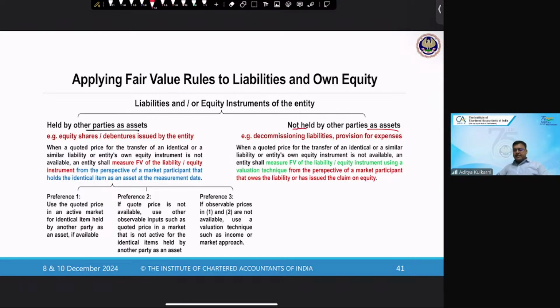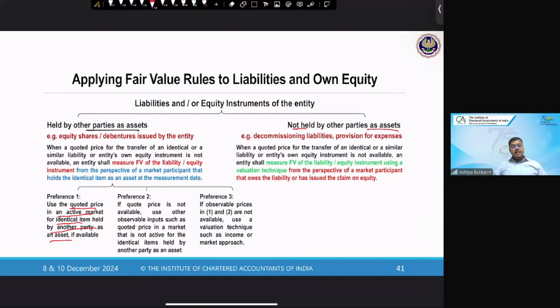Now when it is treated as an asset by the counterparty, you will first use the quoted price in an active market for the identical item held by another party as an asset, if available. So if your liability is quoted, जैसे debentures, I have issued debentures, and these debentures are listed on the stock exchange, these debentures are an asset for somebody, and that somebody will look and determine the value.